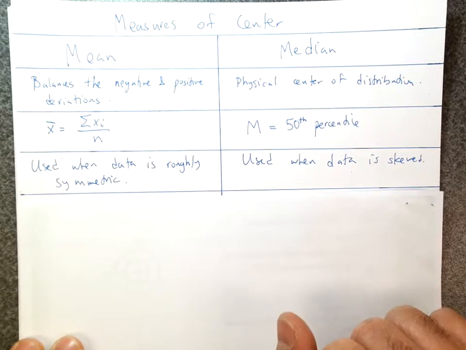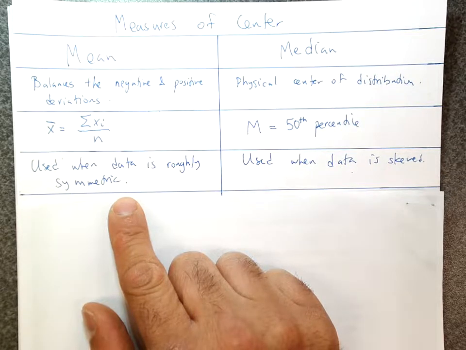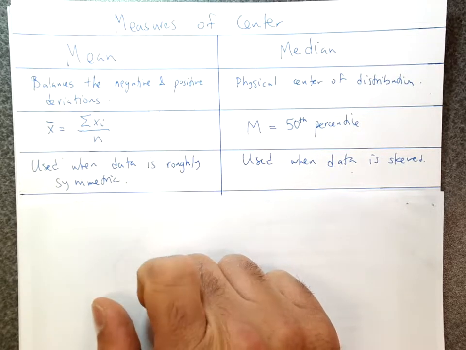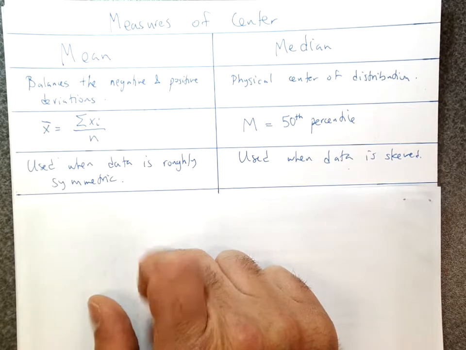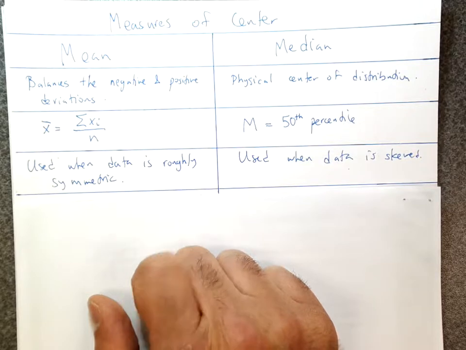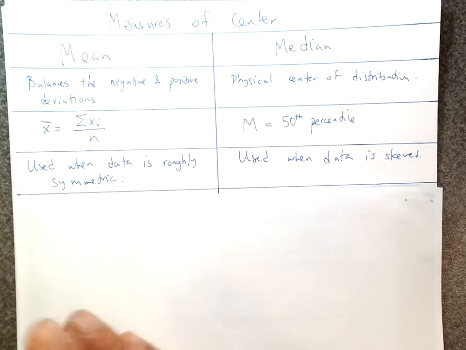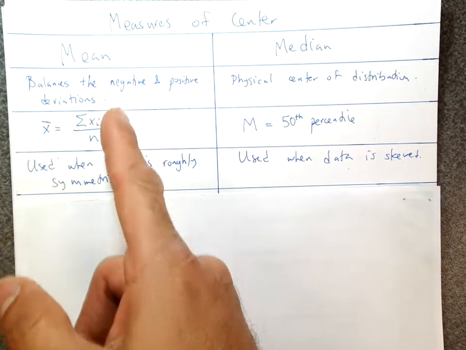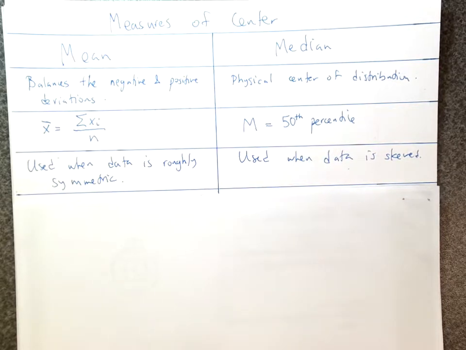So the median has to be used as a measure of center. When the distribution is symmetric, the mean and median are roughly similar, but in those cases the mean is preferred because it has many calculation advantages and mathematical advantages. So when we have a distribution, we determine its shape, which then determines whether we use the mean or the median as our measure of center.